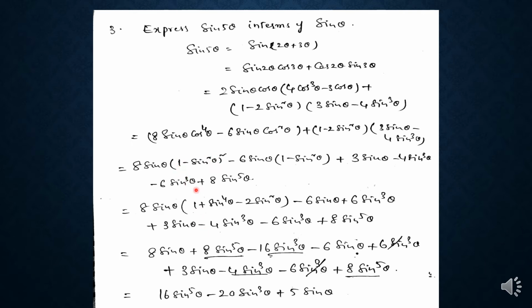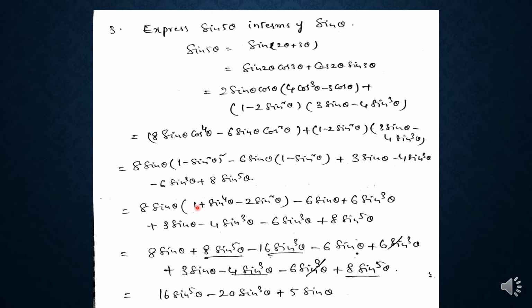8 sin theta into 1 plus sin to the power of 4 theta minus 2 sin square theta, minus 6 sin theta into 1 is 6 sin theta, minus into minus plus 6 sin theta into sin square theta, that is 6 sin cube theta, plus 3 sin theta minus 4 sin cube theta, minus 6 sin cube theta plus 8 sin to the power of 5 theta.